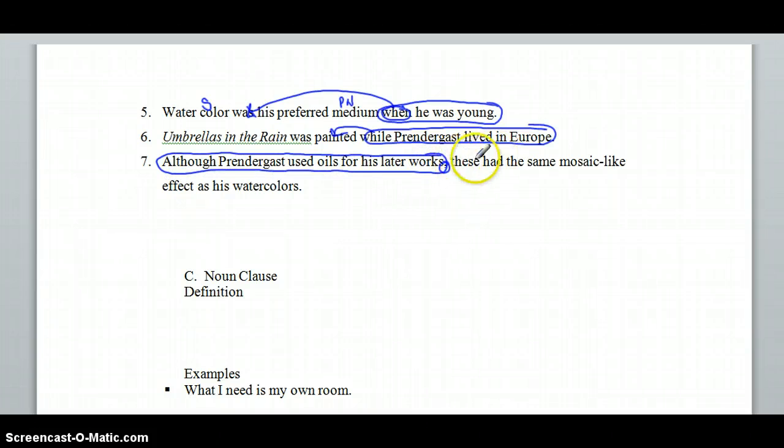If I look at these had the same mosaic-like effect as his watercolors, that can stand on its own. This is answering the to what extent or why question. Again, I can pick it up and move it to the end. These had the same mosaic-like effects as his watercolors, although he used oils for his later work. So that wraps up the discussion of adverb clauses.